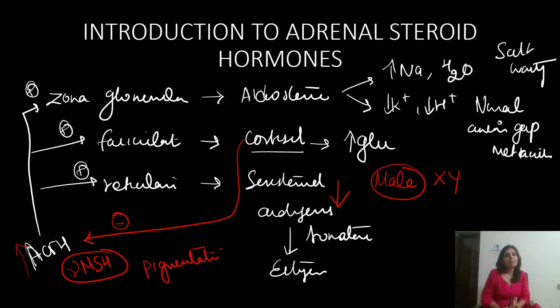The fetus will be identified as a female because secondary sexual characteristics and external genitalia will be of female type. So it causes male pseudohermaphroditism.